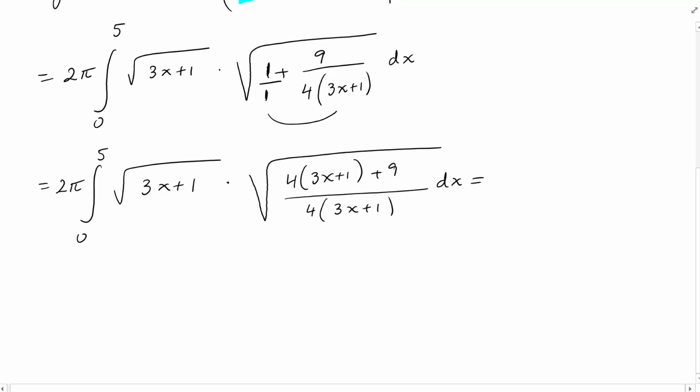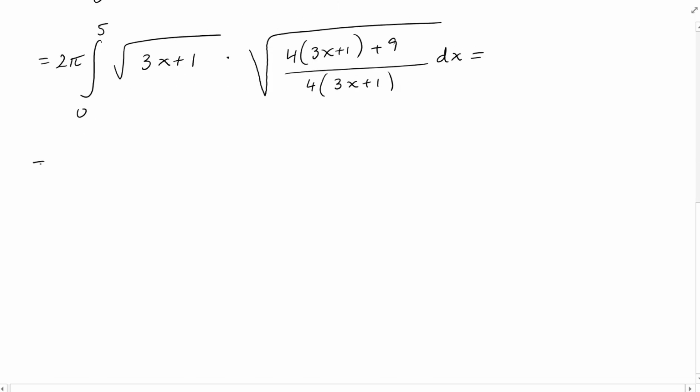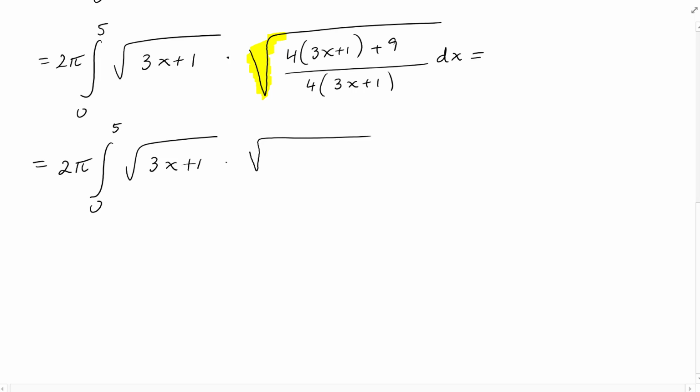At this point, we are not doing any calculus, just algebra to simplify the integral. Since I have a big radical, my decision is to separate it into two radicals, one at the top and one at the bottom.